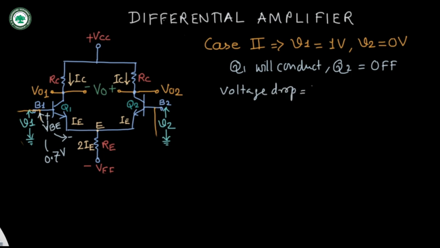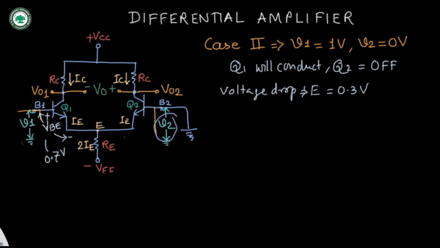So the voltage at point E is equal to 0.3 volts, which is not sufficient for this other transistor, as the base of this transistor is grounded. That means V2 is equal to 0, so the base is grounded.